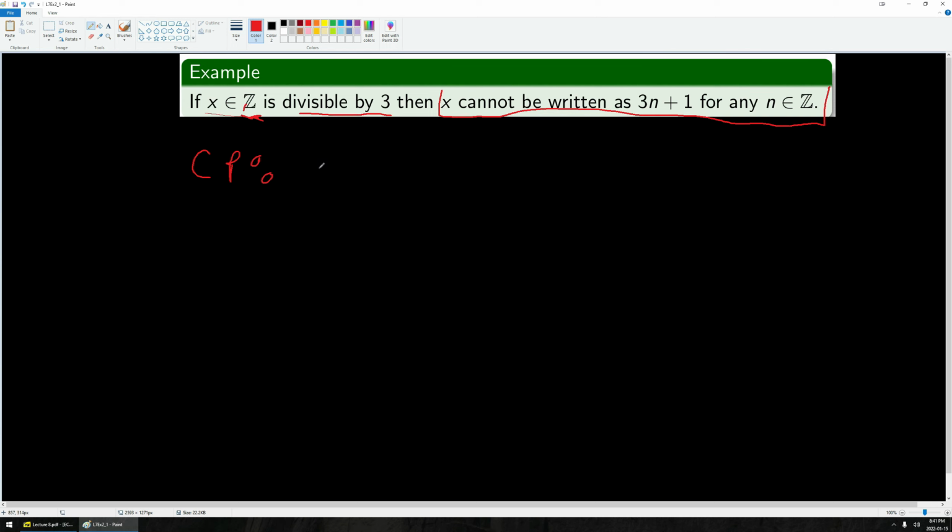So here we'd say if x is equal to 3n plus 1 for some n in z, so if this thing is true, then I would need to show that that implies that x cannot be divisible by 3. So cleaning that up and then using some notation here, we could say 3 does not divide x.